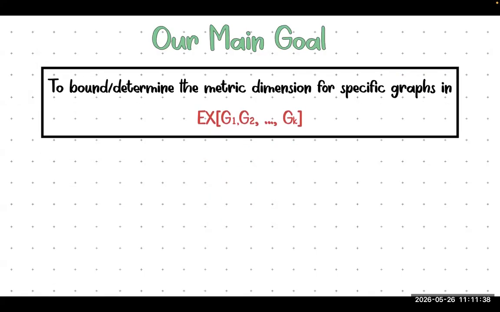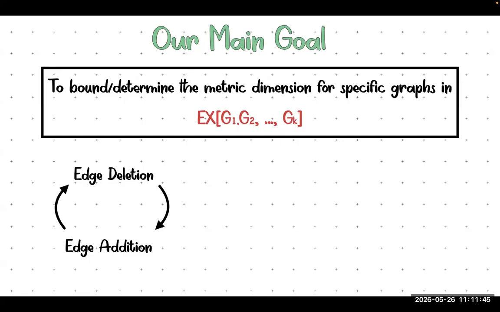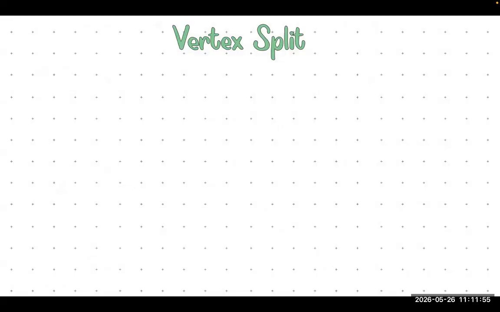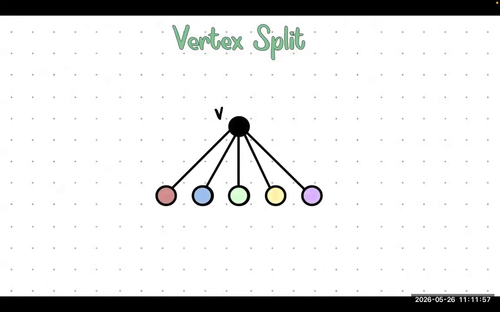But what exactly lies in here? Well, as we said, it's anything with edge deletion and edge addition, and we know that they're inverse operations of each other. We also want edge contraction, but what's the inverse operation of the edge contraction? Well, this is where we come with a vertex split. Suppose you have this piece of a graph.